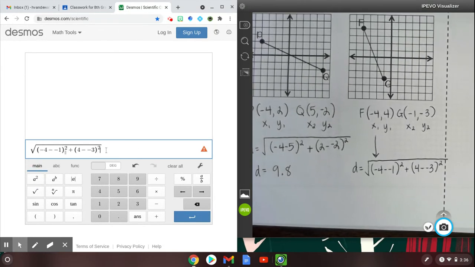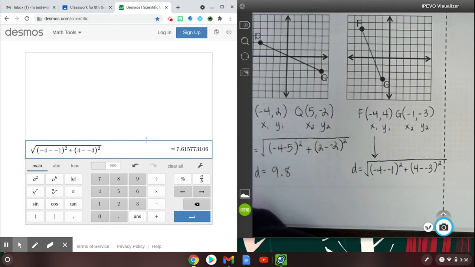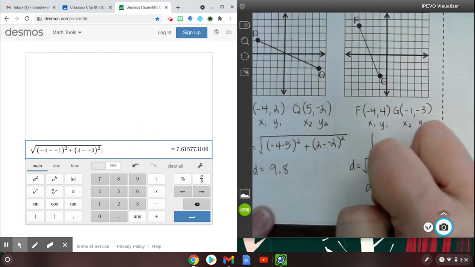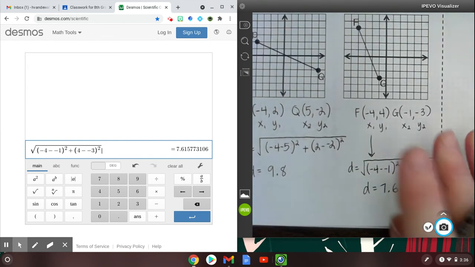It does not like my little thing that I've got going on here. There we go. Okay, so if I round this one to the nearest tenth, that would be a distance of 7.6. And that's it. That's all there is to using the distance formula.